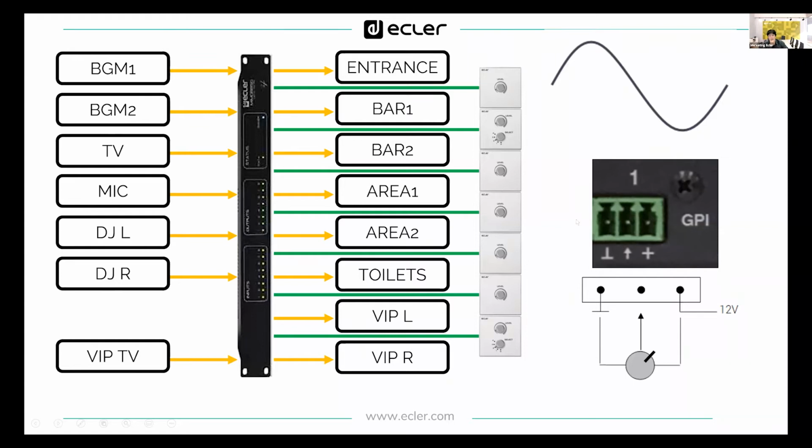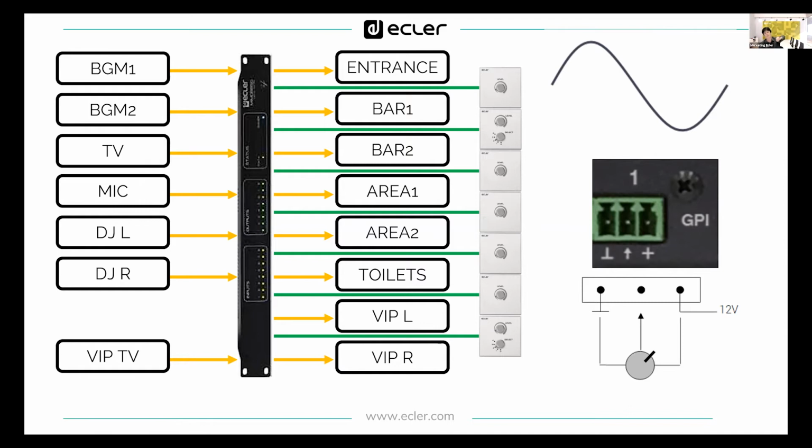How do we connect this? Okay, it is like this, okay? Between these 2 terminals, you have ground and the plus, which is 12 volts. And here in between, we have the cursor, which will be, if you are in the right, you will have 12 volts.